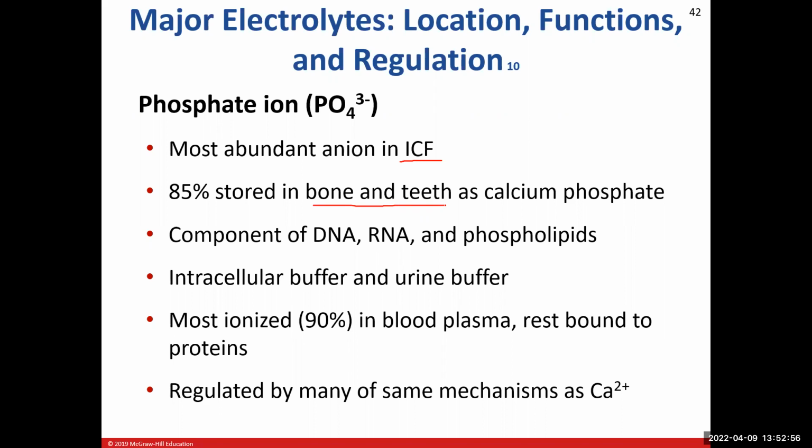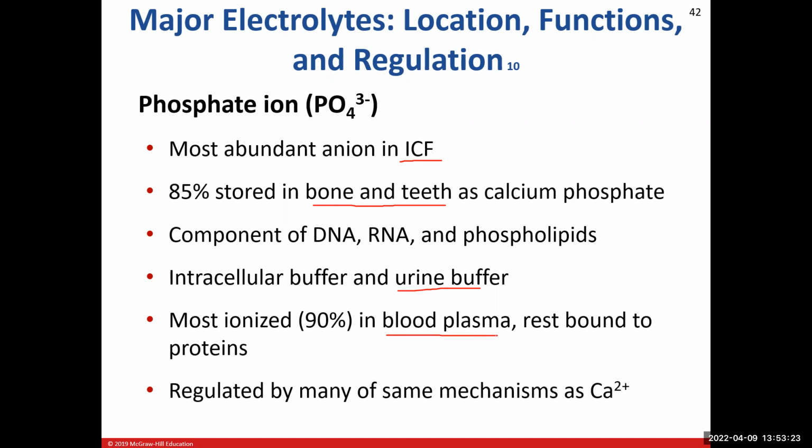cells. Now, phosphate is a wonderful intracellular buffer. It will help with regulation of the pH inside the cells, and it also is a buffer in our urine. So most of the phosphate found outside of our bone and teeth is going to be ionized when it is outside the cells in the blood plasma.